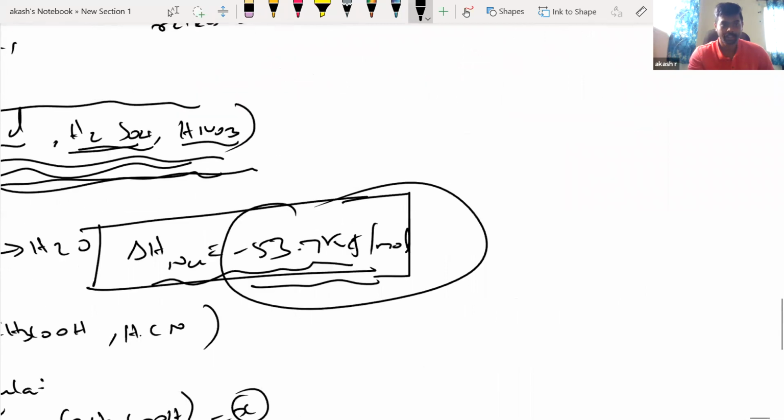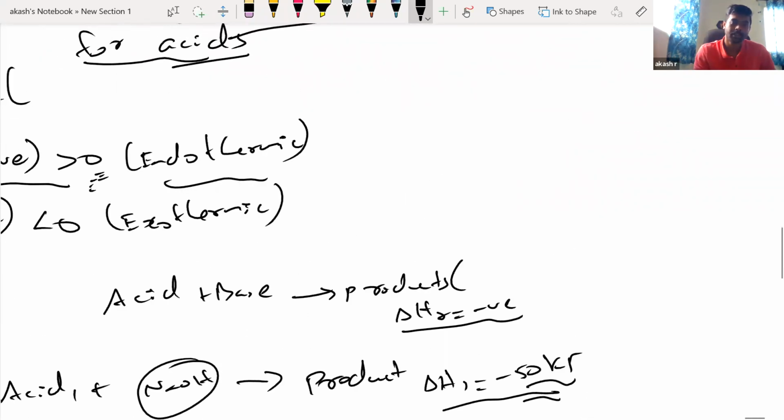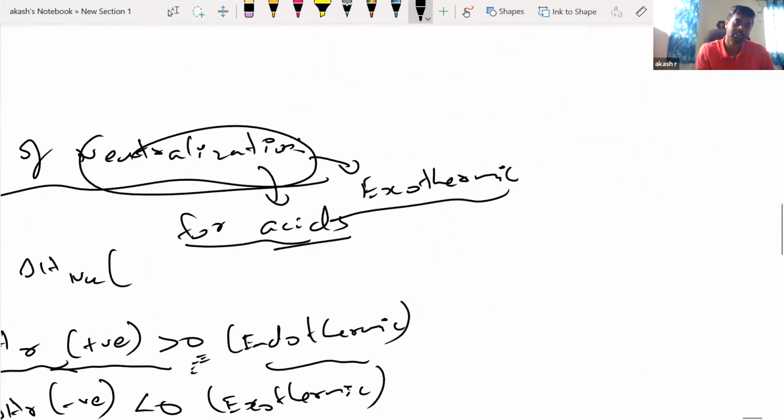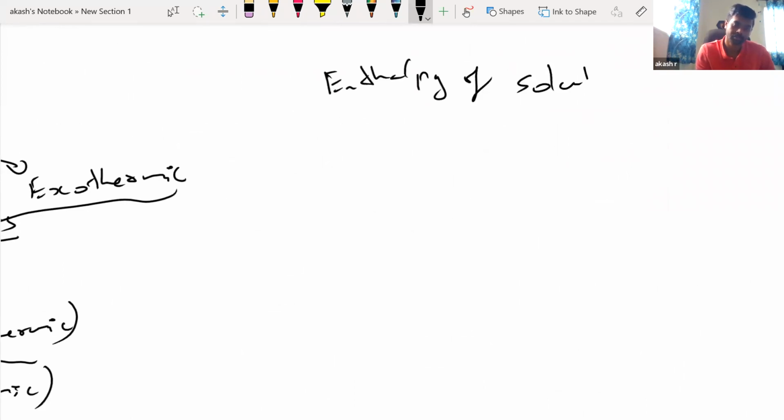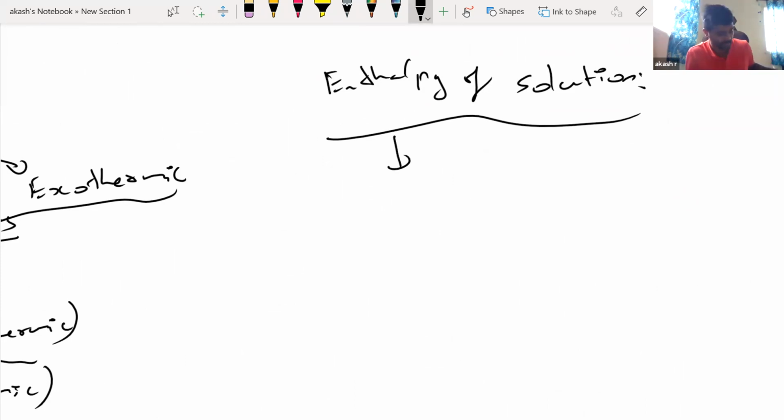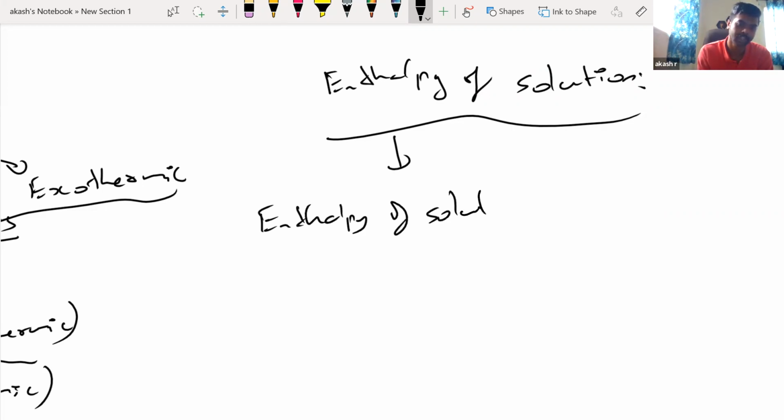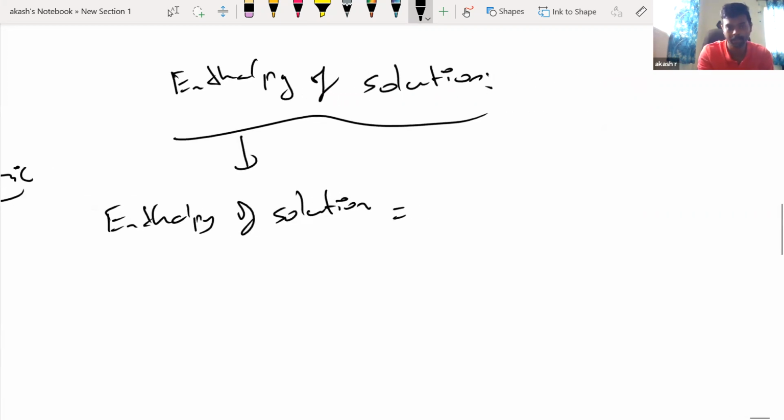Next, the enthalpy we can see is the enthalpy of solution. This enthalpy is actually a combination of two other enthalpies, so let us try to understand what they are.